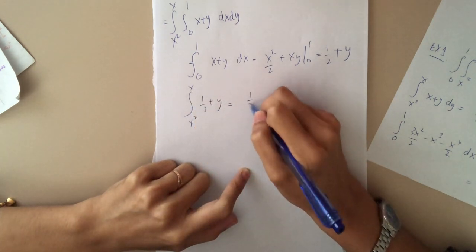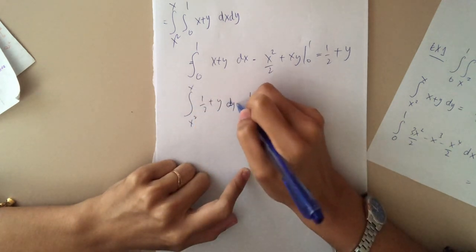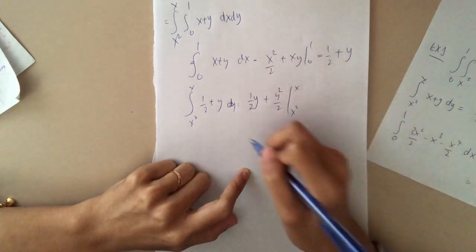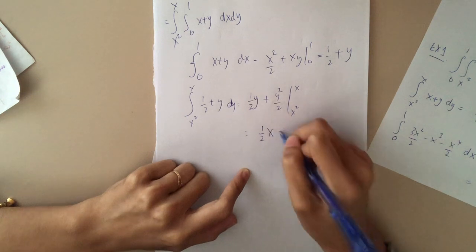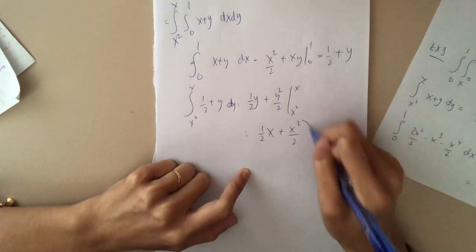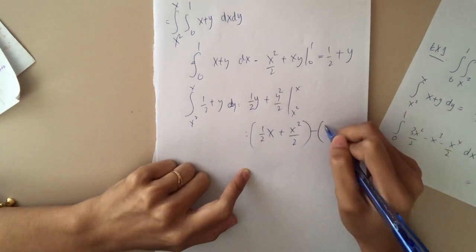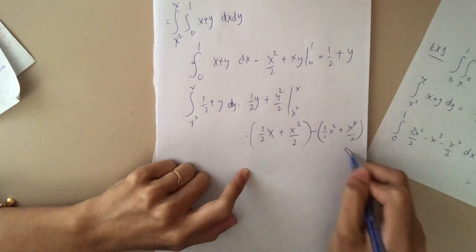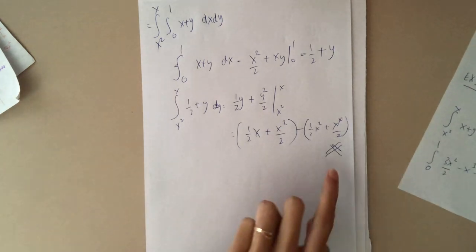So 1 over 2, with respect to dy: 1 over 2y plus y squared over 2, from x squared to x. So we have 1 over 2x plus x squared over 2, then minus 1 over 2 x squared plus x^4 over 2. This is the final answer.